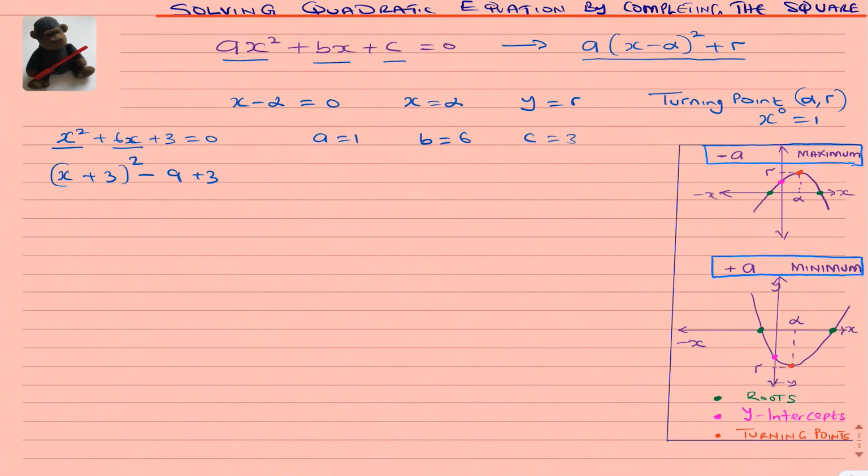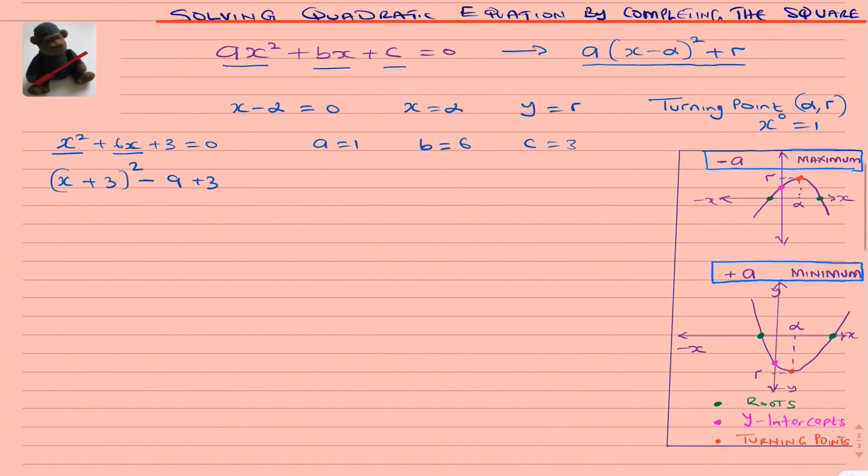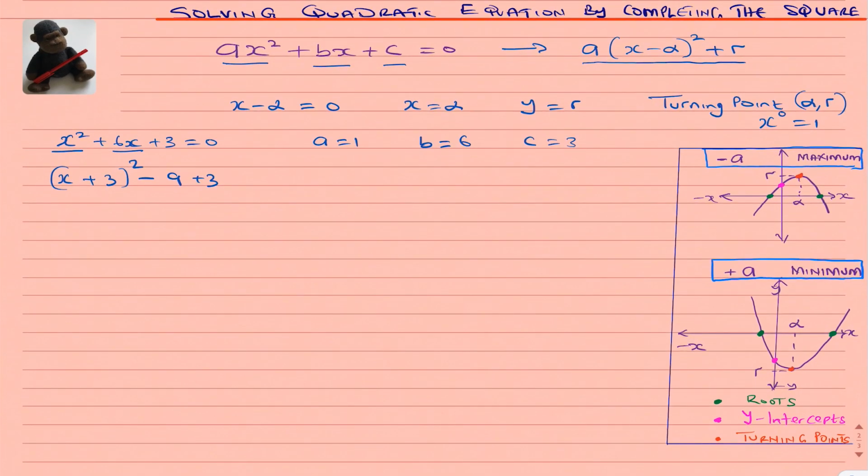Now what we have is x plus 3 squared minus 6. This is the format we have up here, and where a is 1, alpha will be minus 3 and r will be minus 6.